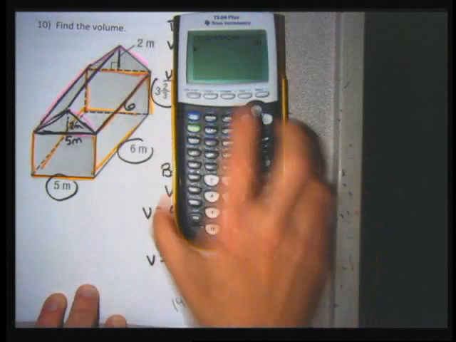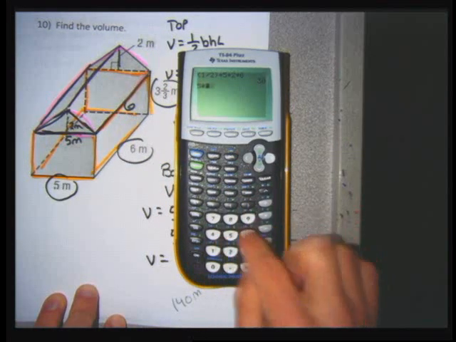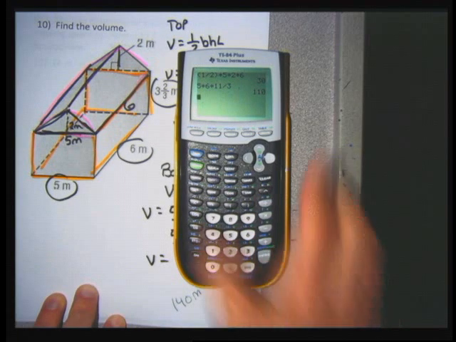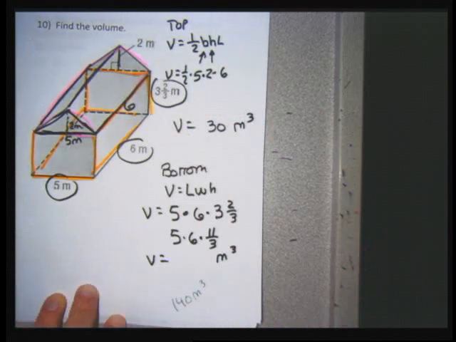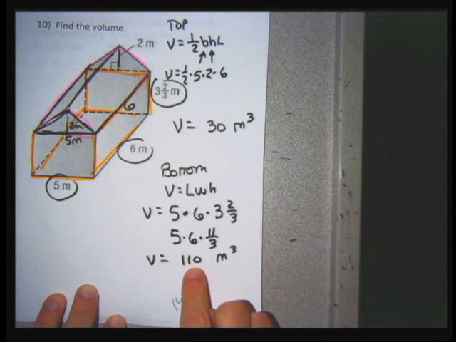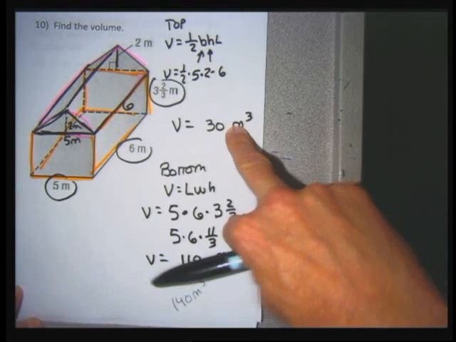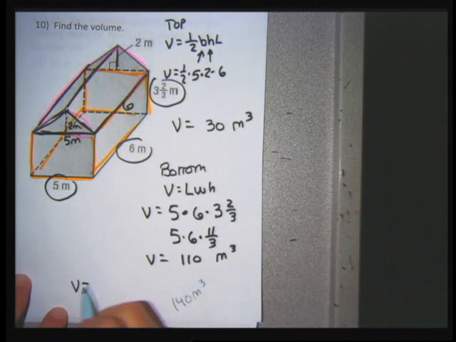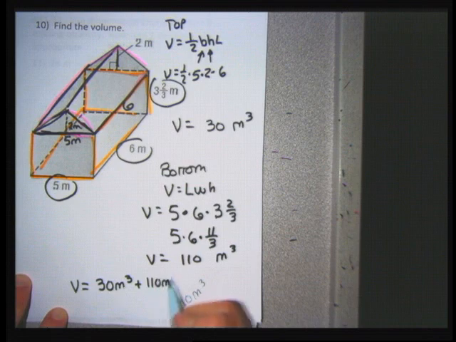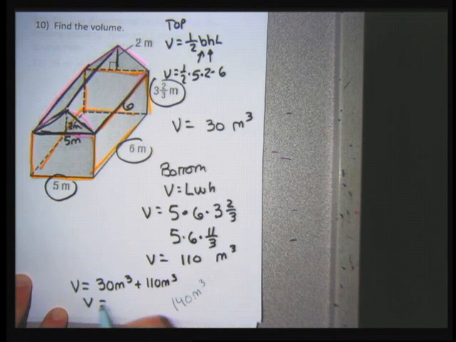So 5 times 6 times 11 divided by 3 gives me 110. So the bottom has a volume of 110 cubic meters. The top has a volume of 30 cubic meters. My total volume is going to be the 30 cubic meters of the top plus the 110 cubic meters of the bottom. And for my answer, I'm going to get 140 meters cubed for my volume.